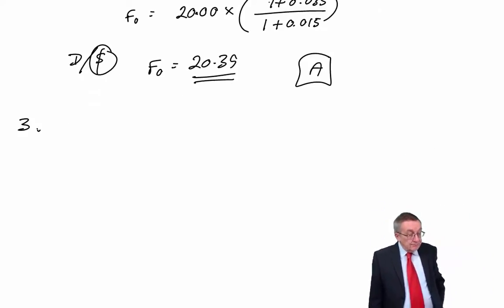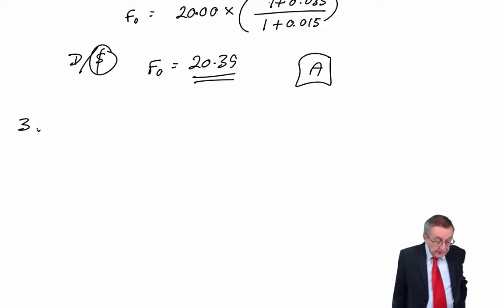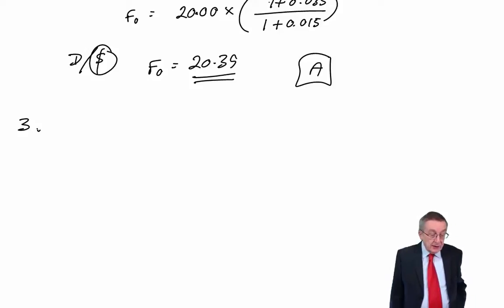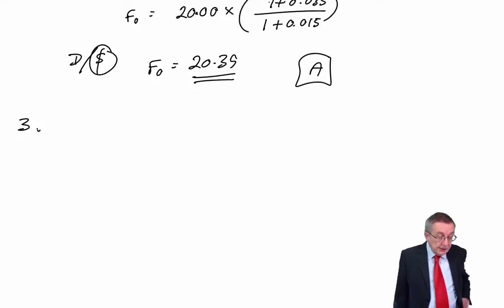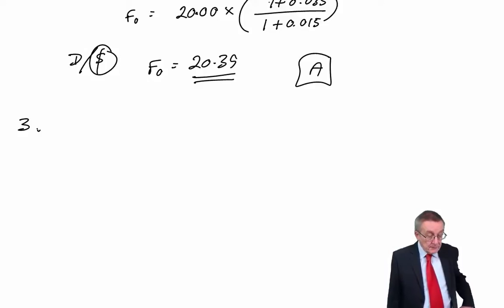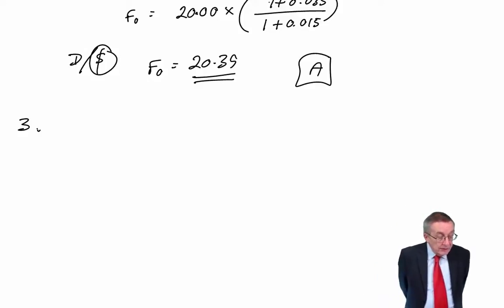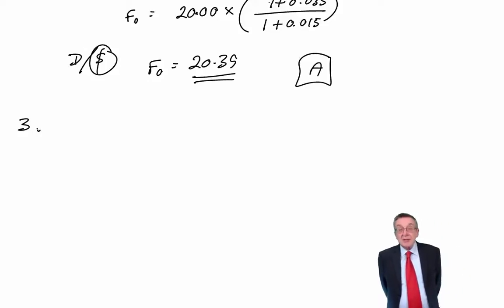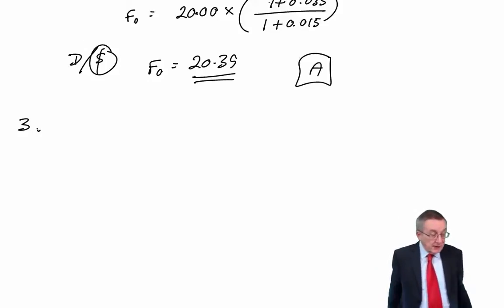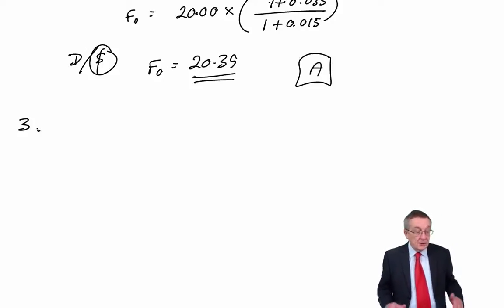Anyway, number 3. Another arithmetic one. What is the sensitivity of the net present value of the investment project to a change in the sales volume? And what are we given? Well, they've given us all the present values: present value of the sales revenue, present value of variable costs, present value of contribution, and so on.